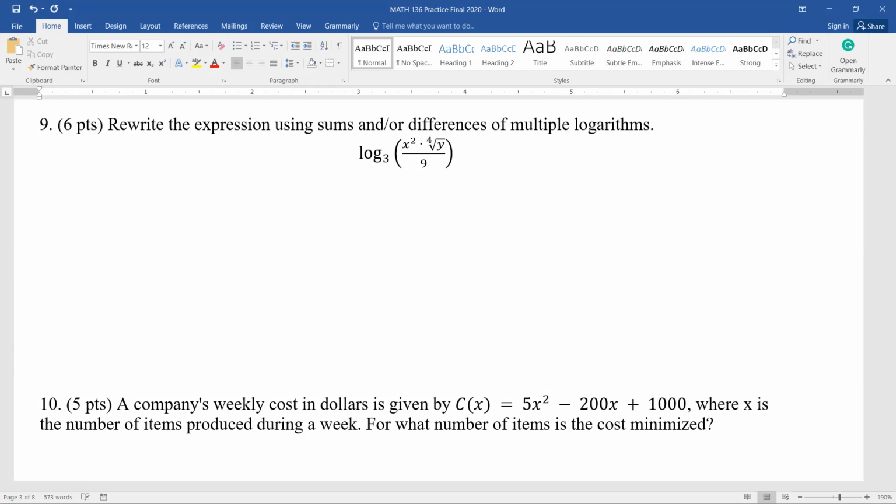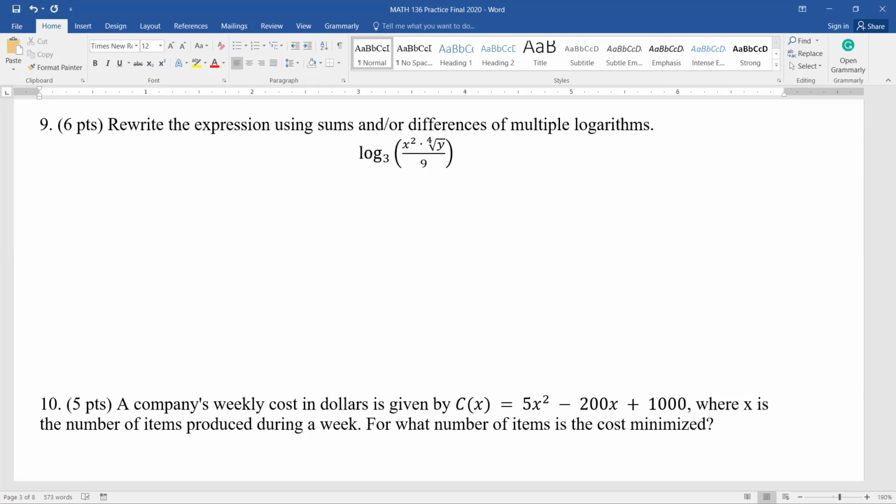And then I can use the product property to separate this first logarithm even further. So that would give me log base 3 of x squared plus log base 3 of the 4th root of y. And then bring down the minus log base 3 of 9.